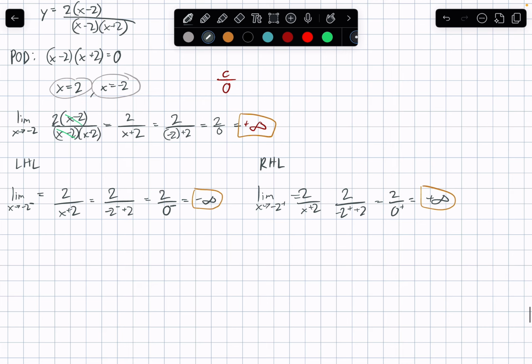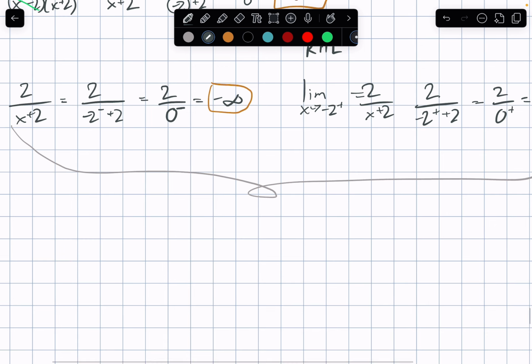Okay, so clearly this indicates that we have an infinite discontinuity, where at x equal to negative 2, this is where the vertical asymptote is.